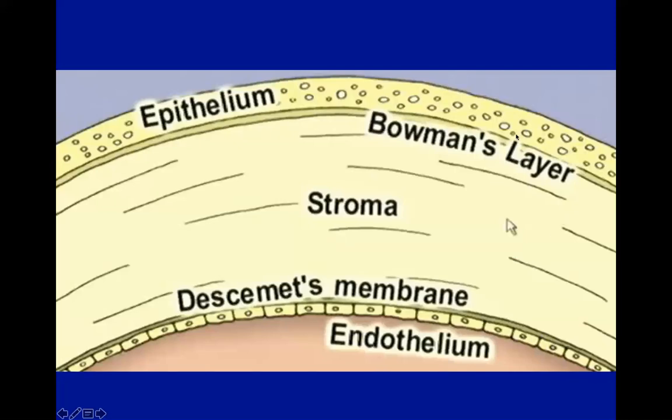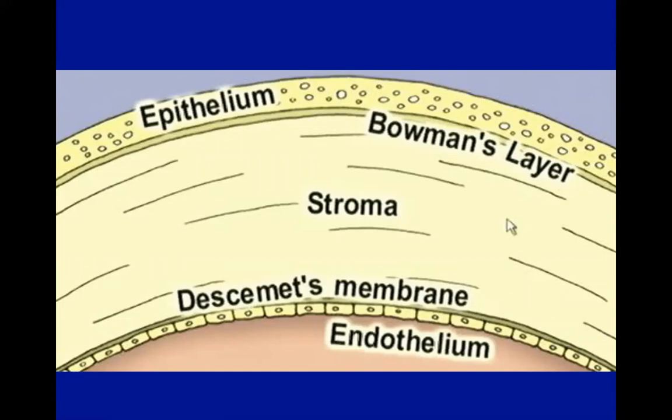I just want you right now to concentrate on your epithelium. If I had to tell me one word that describes the epithelium, what would you say? One word, think about it. One word that describes the epithelium. That would be regeneration. The good thing about the epithelium, if the Bowman's layer, stroma, Descemet's, and endothelium have not been affected, any injury to the epithelium is reversible and heals immediately.